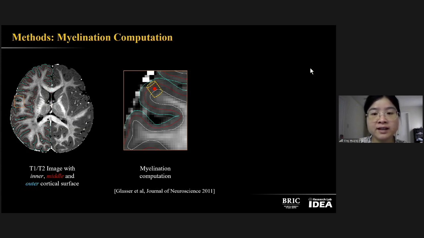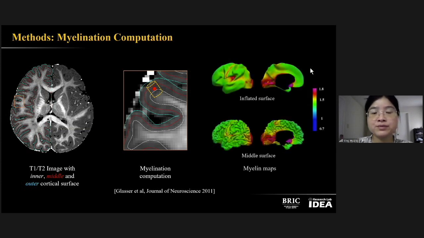The cylinder had a height and a radius equal to the local cortical thickness value and was centered on the vertex. Then the ratio of T1 weighted to T2 weighted signal intensity in the ribbon voxels was averaged to serve as the myelin of the vertex. At last, myelination of each vertex was mapped onto the inflated surface and the middle surface.